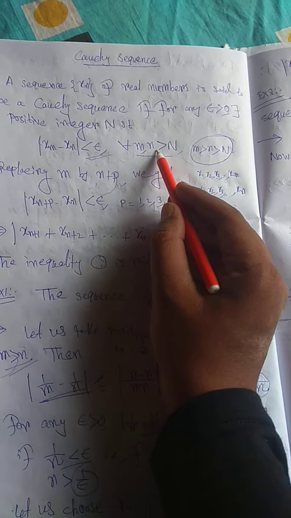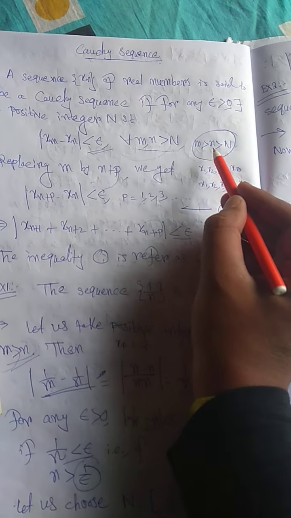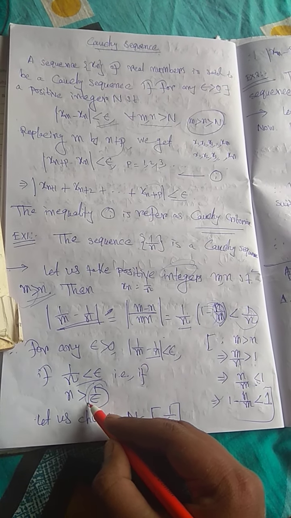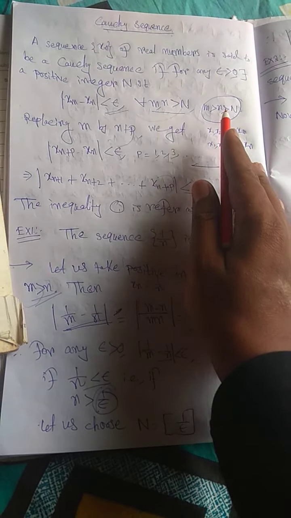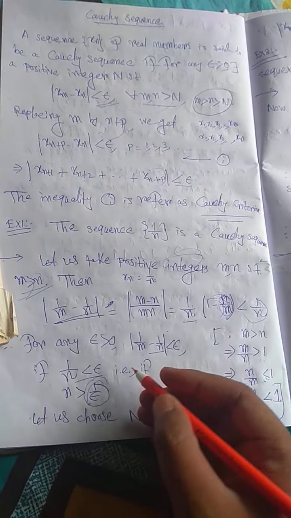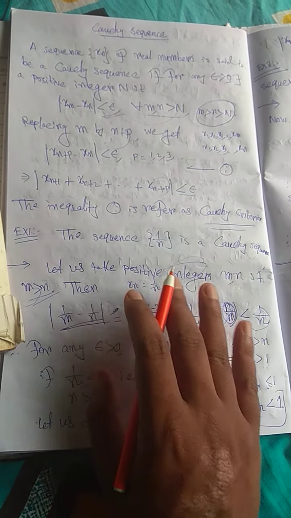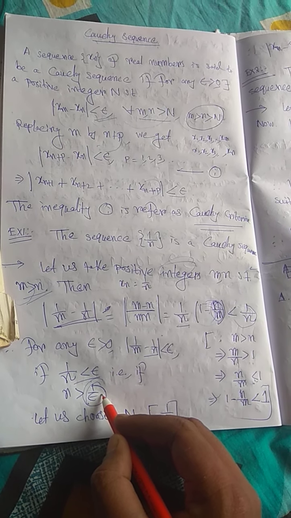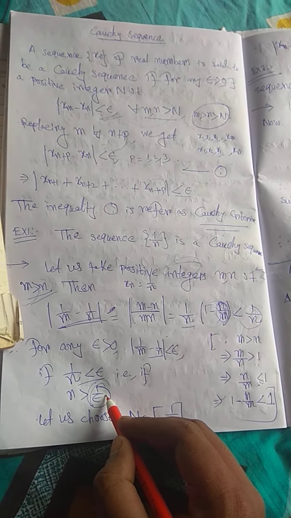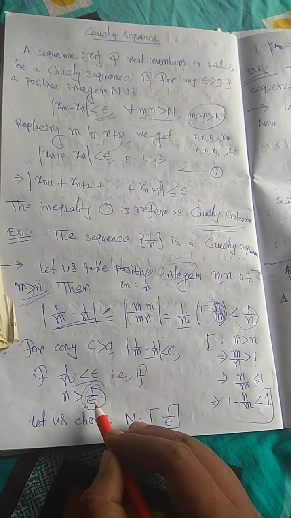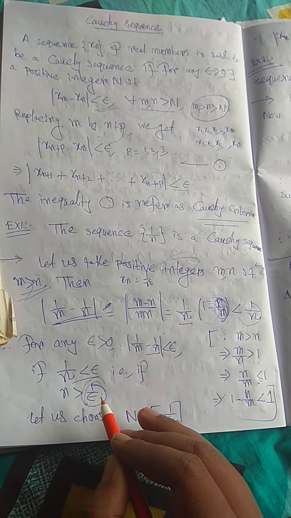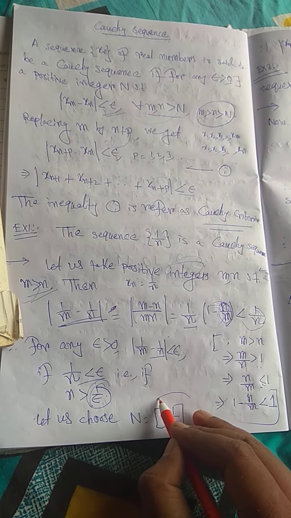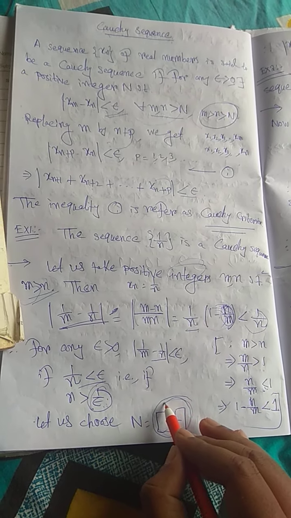Now to justify the definition, we need a natural number capital N, and this 1 by epsilon will be treated as this capital N natural number. But as you know, epsilon is just a positive quantity, so its reciprocal is obviously positive, but may not be a natural number. So to get a positive integer, it's better to take its floor.